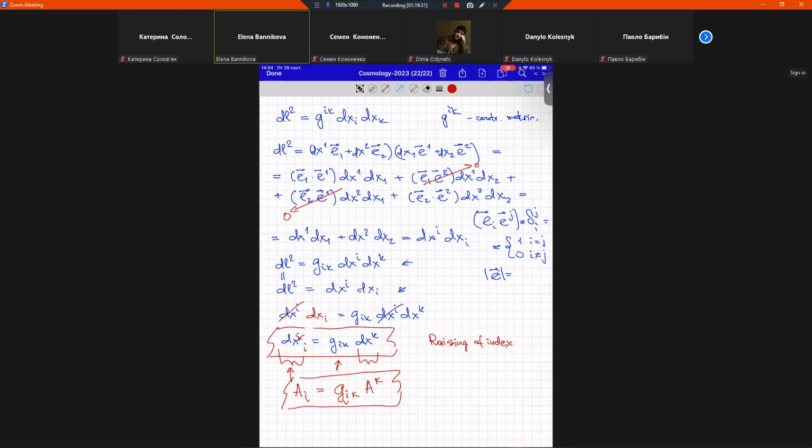What is important, and now you would like to put it as a mark in your notes, is that the metric tensor doesn't tell us whether the space is curved or not. The metric tensor determines the property of the coordinate net, of the coordinate system. This is the point.